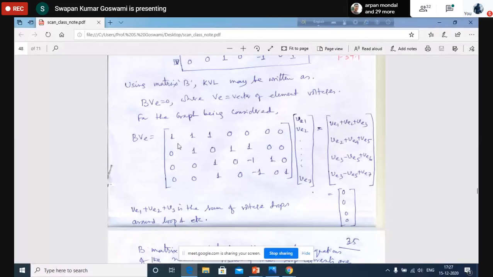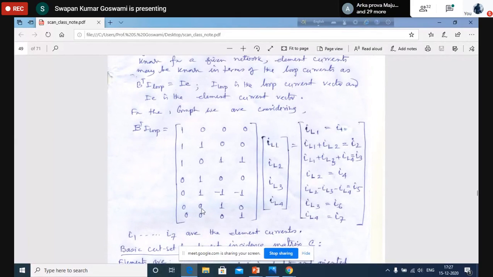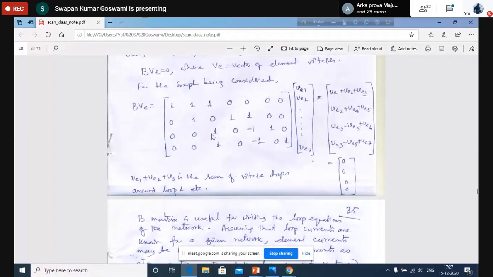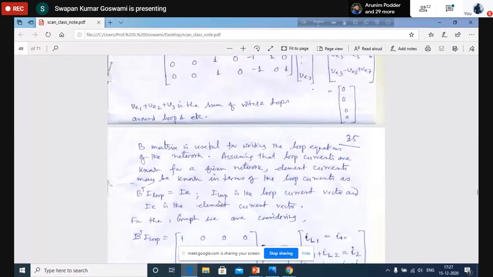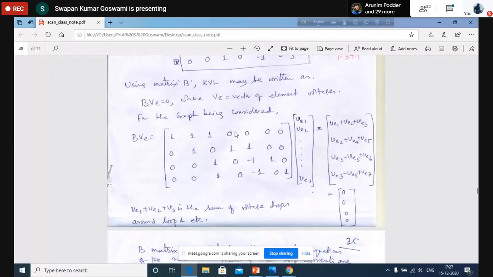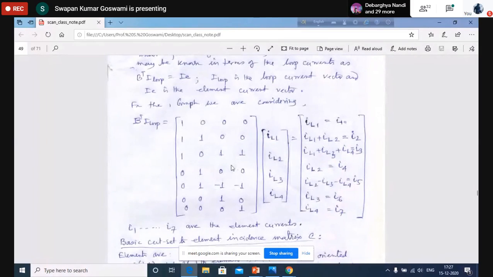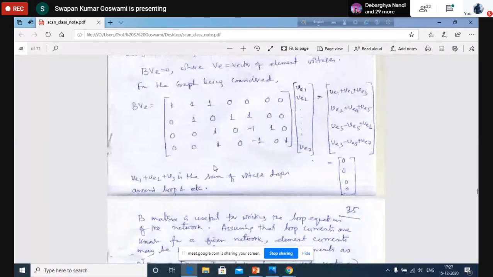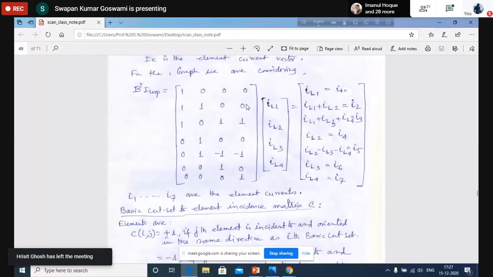This was the matrix B, so the transpose will be 1 1 1 4 0, then 0 1 0 1 1 0 0, then 0 0 1 0 minus 1 minus 1 0, then 0 0 1 0 minus 1 1 0, and in the fourth column 0 0 1 0 minus 1 0 1. So this is the transpose of matrix B.